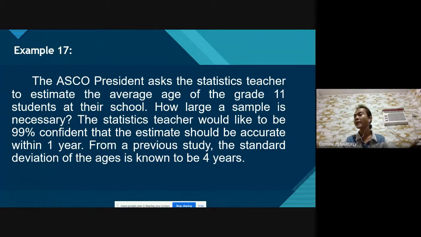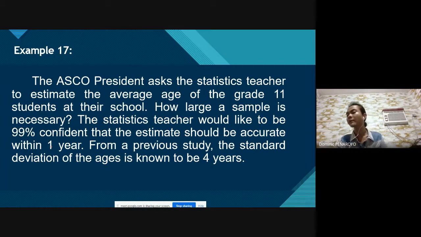Now, the margin of error, so ano pa bang natitirang numerical value dito? For the margin of error, meron kayo dyan makikitang keyword na accurate, or the maximum error. So yun yung magiging keyword natin para malaman natin that's intended for the margin of error. So we have here 1 year, so that means that the margin of error is 1.